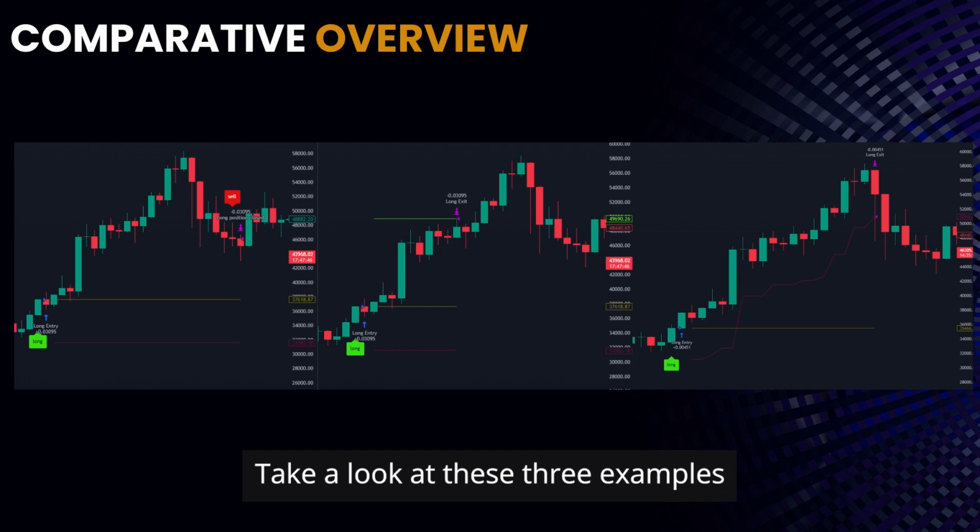Take a look at these 3 examples side by side for a clear comparison.